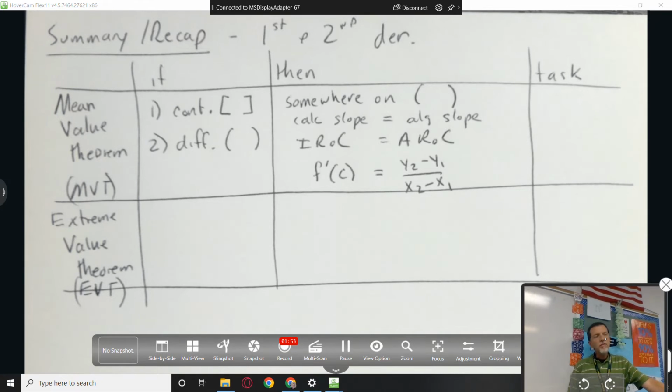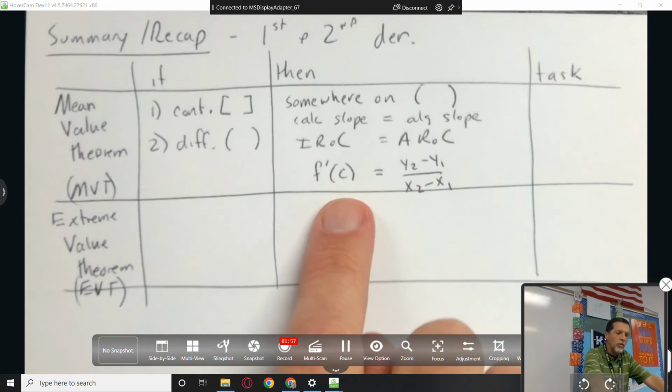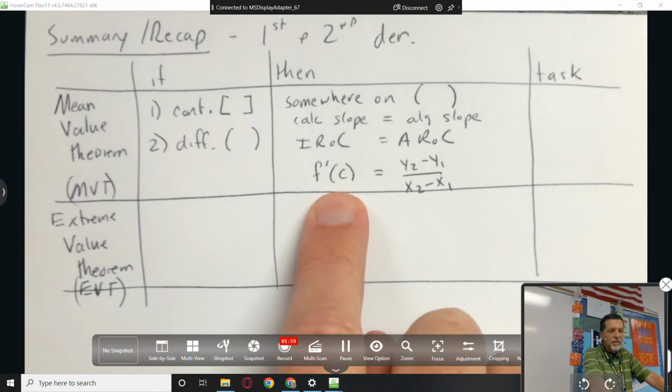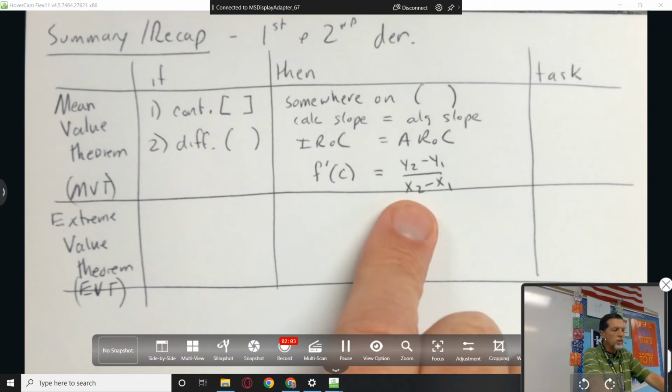So the mean value theorem just guarantees that somewhere on the interval you can find a c. There's a place where the derivative equals the overall slope.